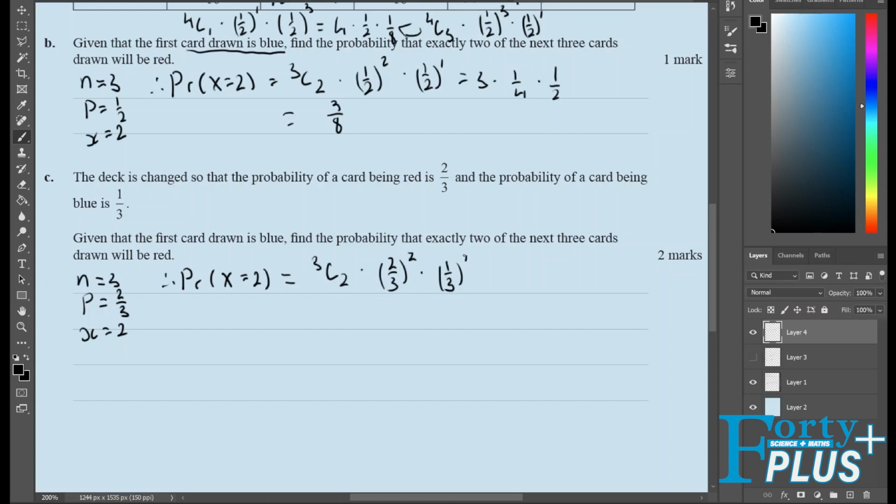So 3 minus 2, that's just 1, equals 3 times 4 over 9 times 1 over 3. These two cancel out, so we're just left with 4 over 9.